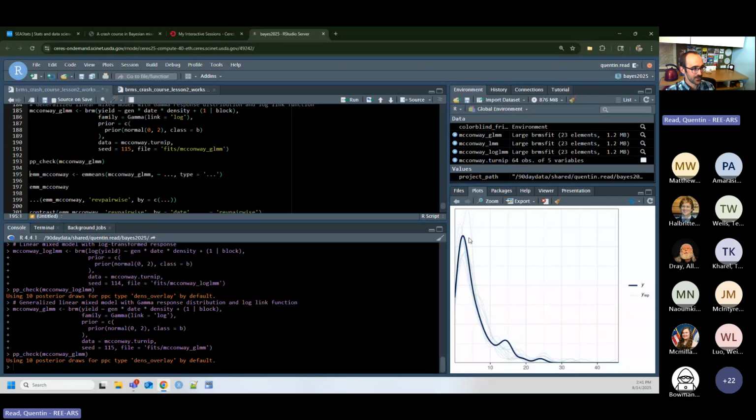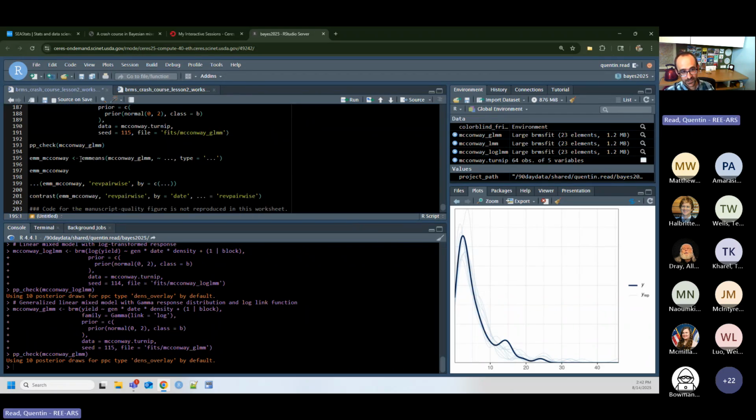The data have not been transformed. It's still that same skewed data, but our predictions are skewed in exactly the same way, right? So this is nice because we didn't have to transform the data and we got predictions that match its shape. So this is chef's kiss. This is exactly what you want to see on a posterior predictive check plot. So we're happy with that.